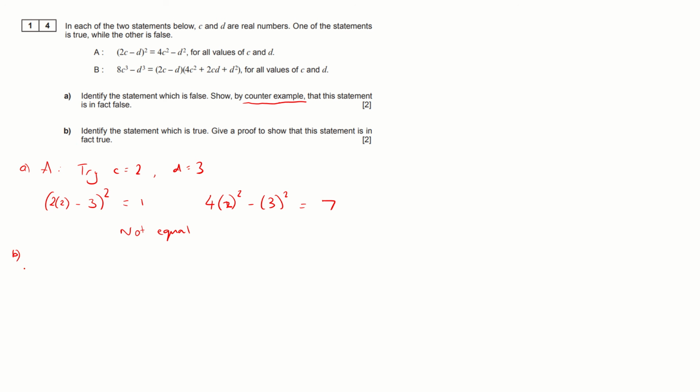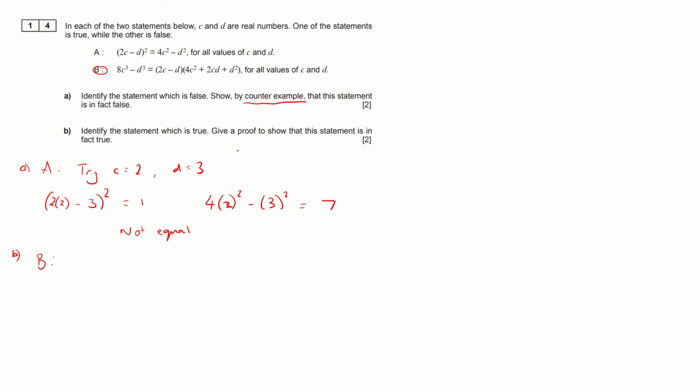So that's the slightly easier part. Part B, identify the statement which is true. And obviously, statement B is true. This one here. Give a proof to show that this statement is in fact true. Now, there's two ways at AS level pure maths to show whether a statement is true: proof by exhaustion or proof by deduction.